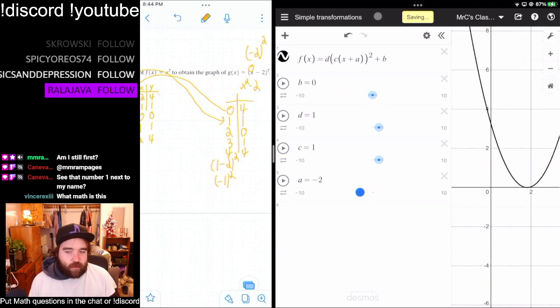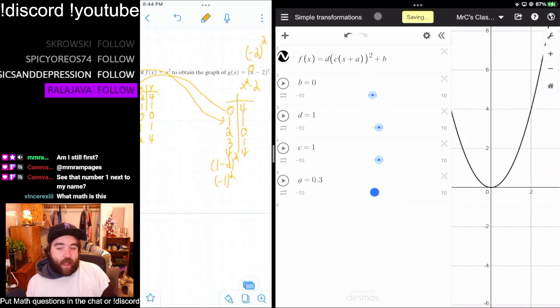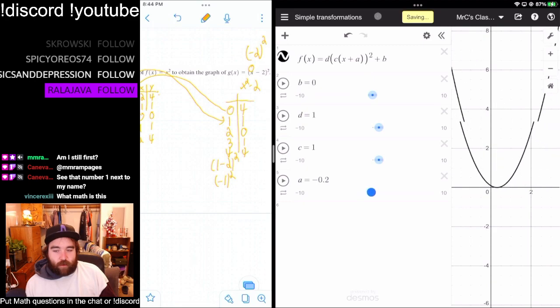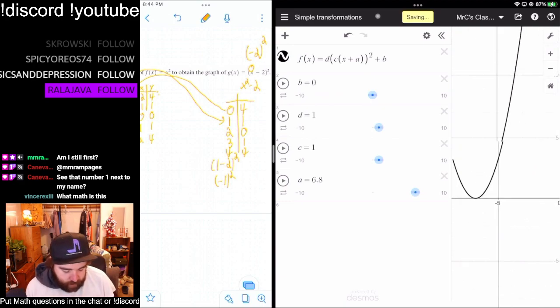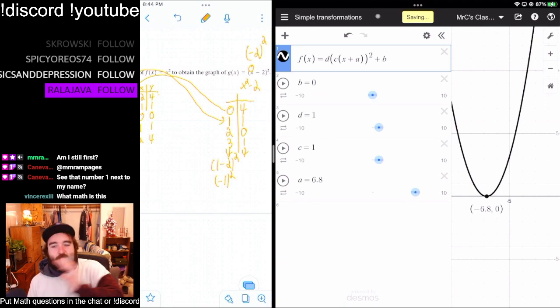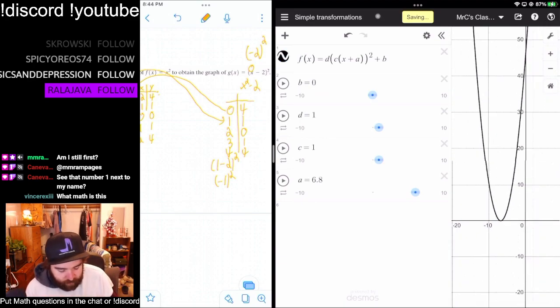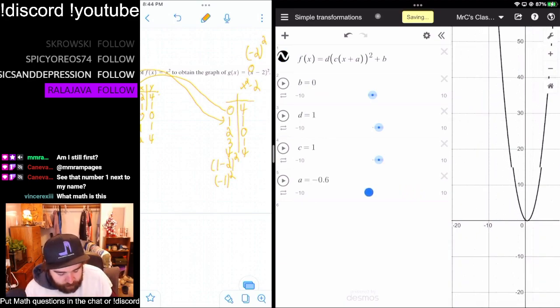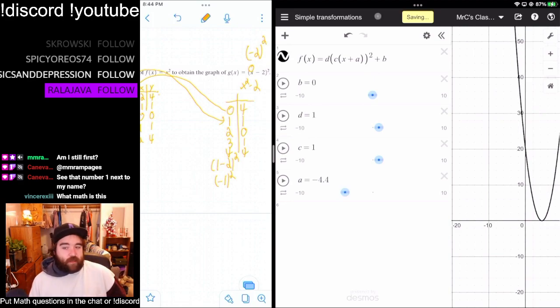And so when you're doing transformations, you can just remember that. X is always opposite. So if it's a plus 7, that means you're going negative 7. I guess I changed it to negative 6.8 in the negative direction. But if a was negative, you would then be on the positive side.